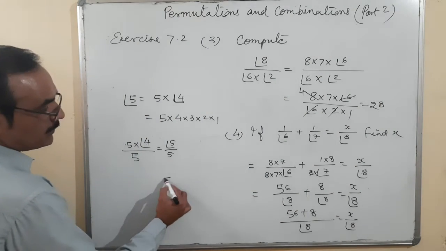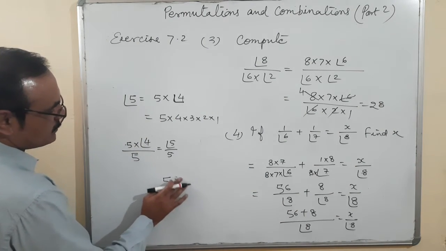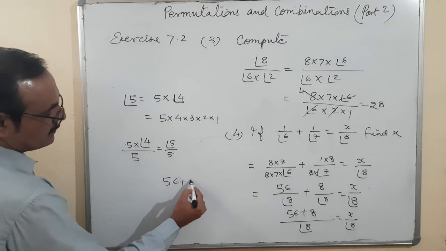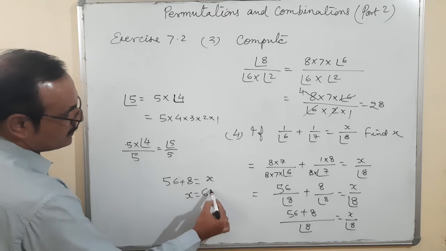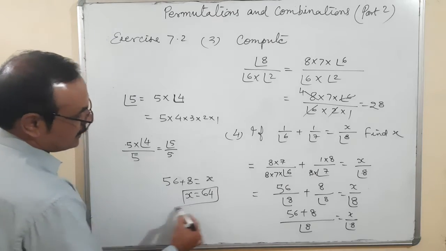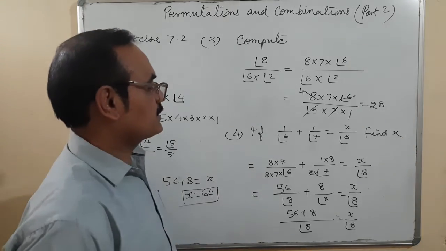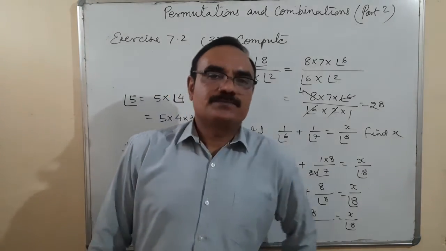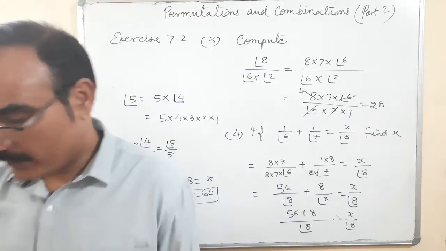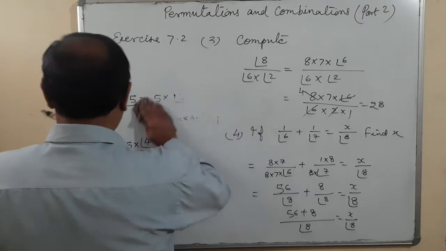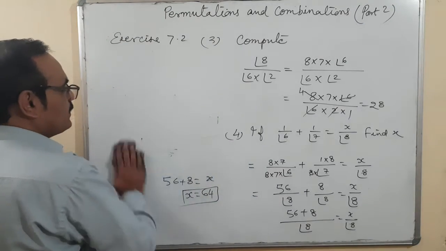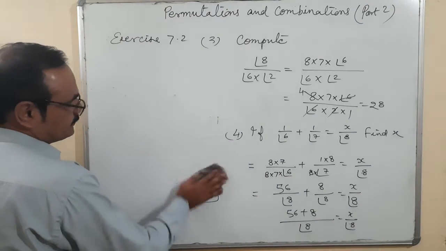So x is equal to 64. So the value of x is 64. Whenever you are going to compute, you make the denominator terms the same.